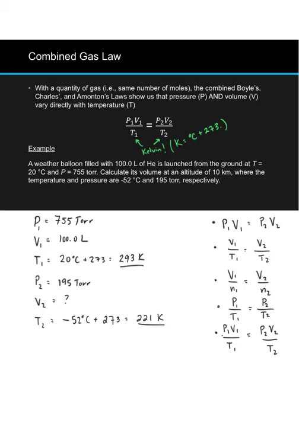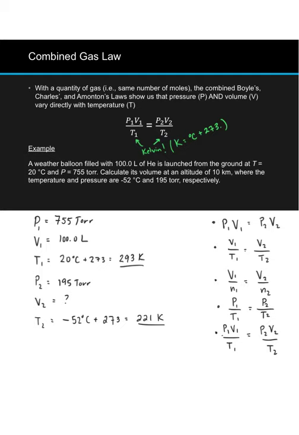Now, given this abundance of information, comparing pressure, volume, and temperature, we'll see that the combined gas law, P1V1 over T1, equals P2V2 over T2, is the most appropriate for solving this problem.